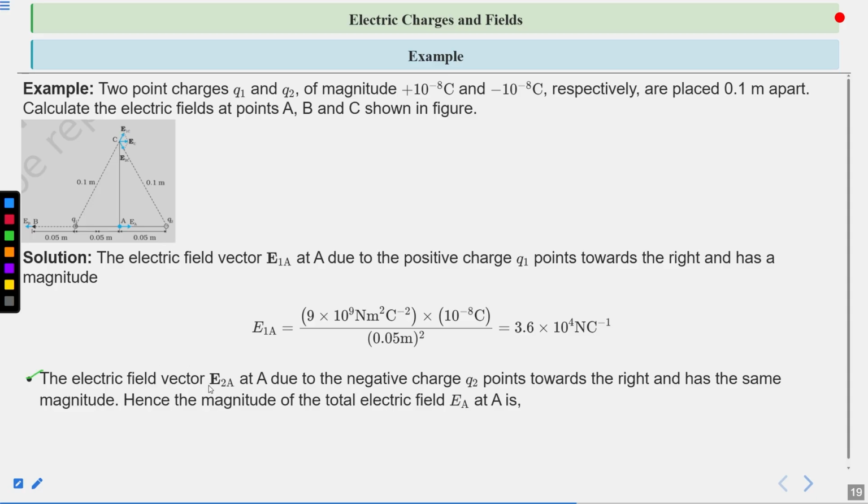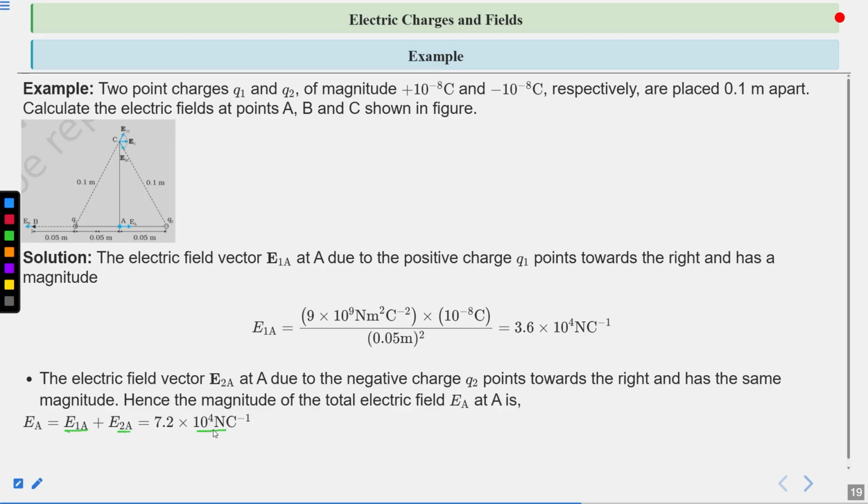The electric field E2A at point A due to the negative charge q2 points towards the right and has the same magnitude. Hence the magnitude of the total electric field EA at A is E1A plus E2A, equal to 7.2 × 10^4 newton per coulomb.